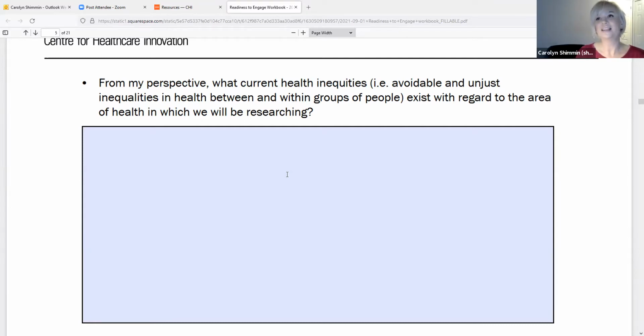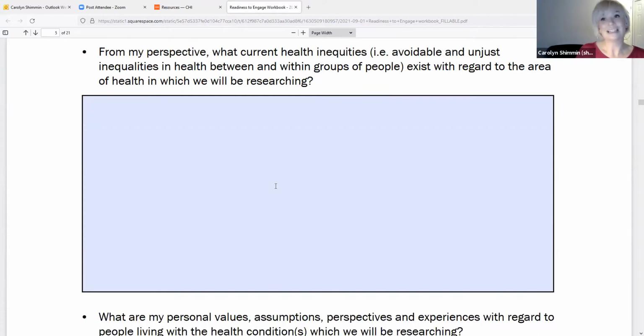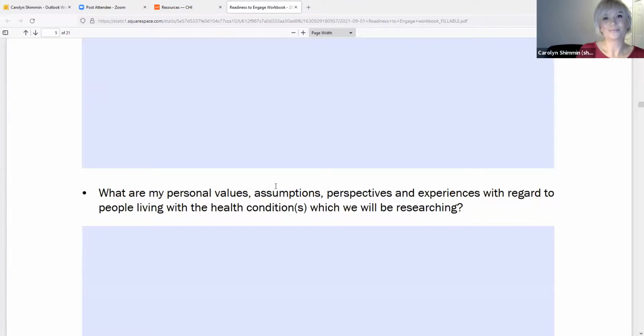And then the important part of starting to begin to think about this is, how are you going to engage those perspectives moving forward? So first, having a deep thought about what health inequities exist in the area that we're looking at, so that we can better ensure that we're going to address it with our research and that we're going to engage these different perspectives.